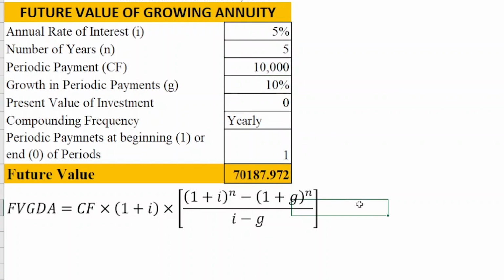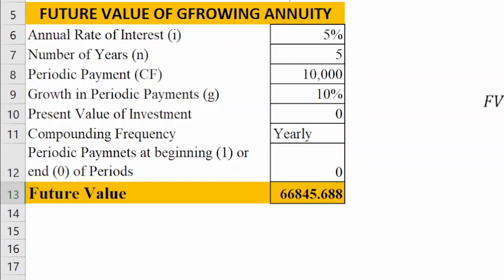So the future value of growing due annuity is computed, that is 70,187.972.